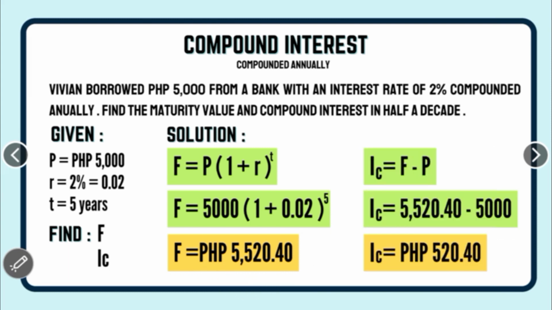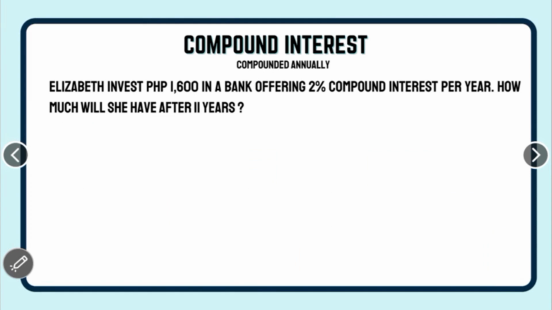In order to have our compound interest, we need to subtract our present value from our future value. So 5,520.40 minus 5,000 is equal to 520.40, and that's our compound interest. Let's proceed to the next example.